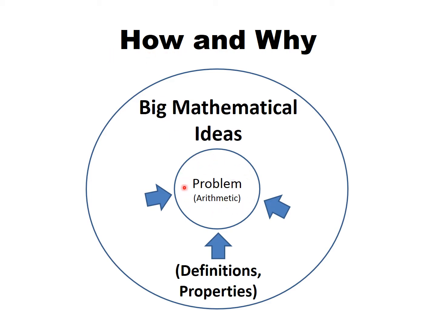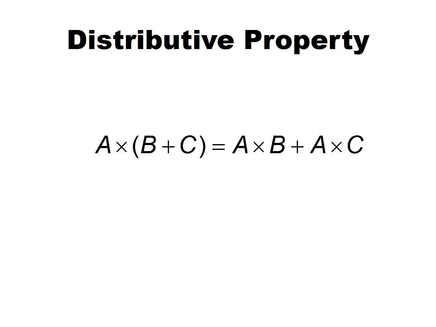I'm not interested in the how, I'm interested in why. So to explain why, I need to look outside the problem and use some big mathematical ideas. Those big mathematical ideas are definitions and properties. So I'm going to use those definitions and properties, apply them to my problem, and that's going to help explain why my theorem is true.